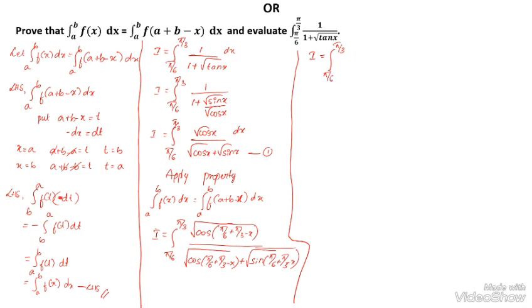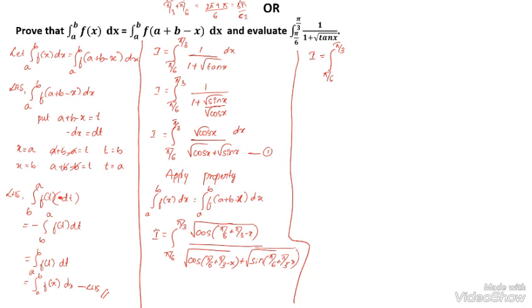Pi by 6 plus pi by 3: taking the LCM 6, 3 twos are 6, 1 twos are 2, so pi plus... 5... it is 3 pi by 6, which is pi by 2.